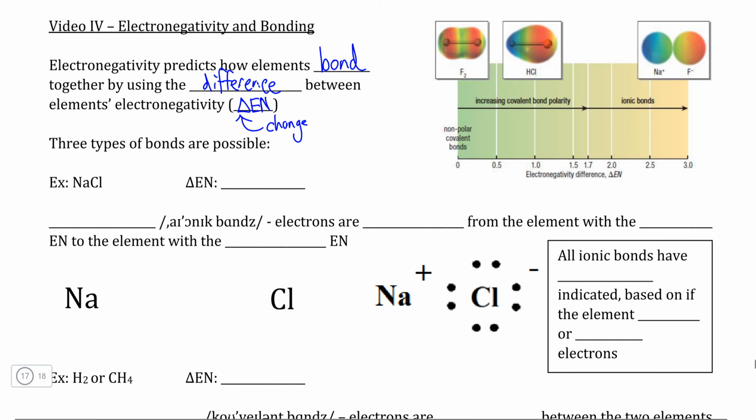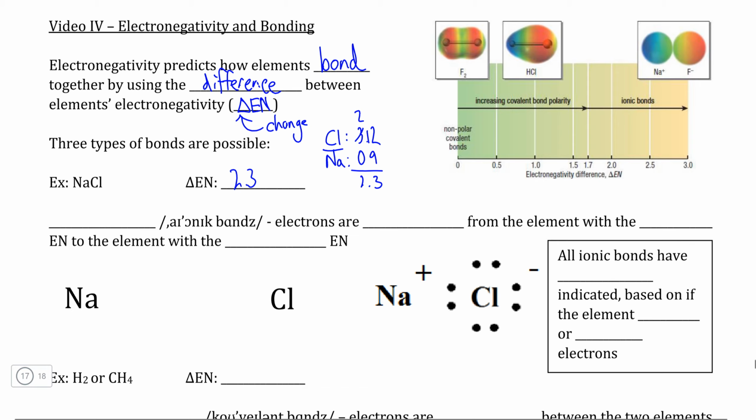So let's just write out each of those here. Chlorine's is 3.2 and sodium's is 0.9. And in order to calculate the electronegativity difference between the two, all we need to do is some simple subtraction, and we can see that the difference in electronegativity between the non-metal chlorine and the metal sodium is 2.3.